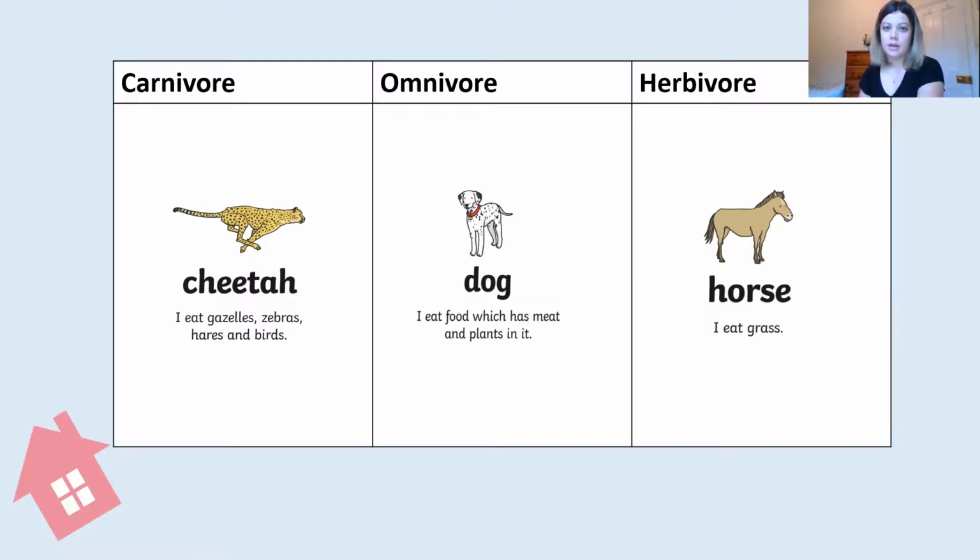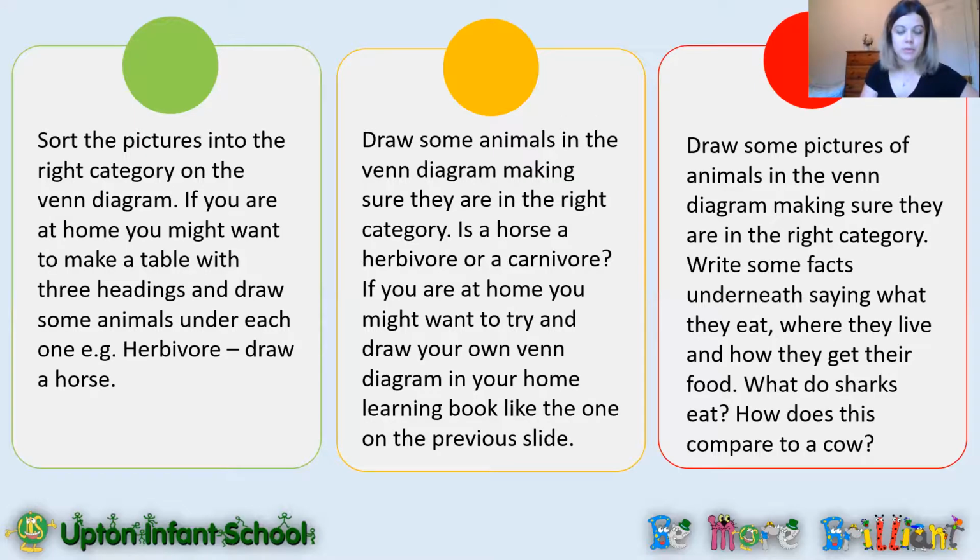So let's be a bit more specific. Some of you might want to sort the pictures that you've got cut up, if you're at school, into the right Venn diagram. And if you're at home, you might want to make a table like we just looked at with some animals that you want to draw under the right heading. Okay?